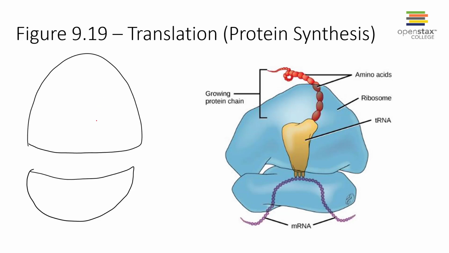So we have what's called the large ribosomal subunit, and then we have the small ribosomal subunit. So the ribosome is composed of two subunits.